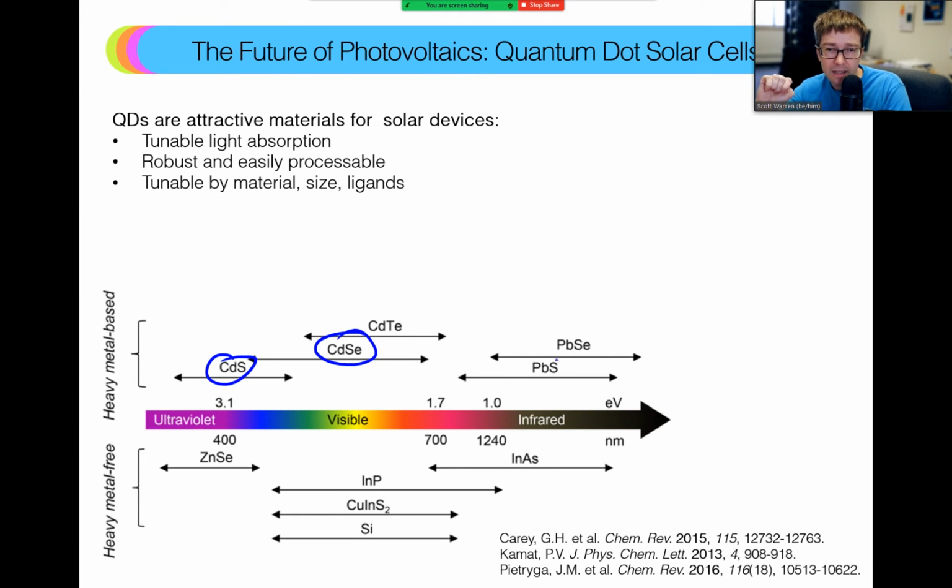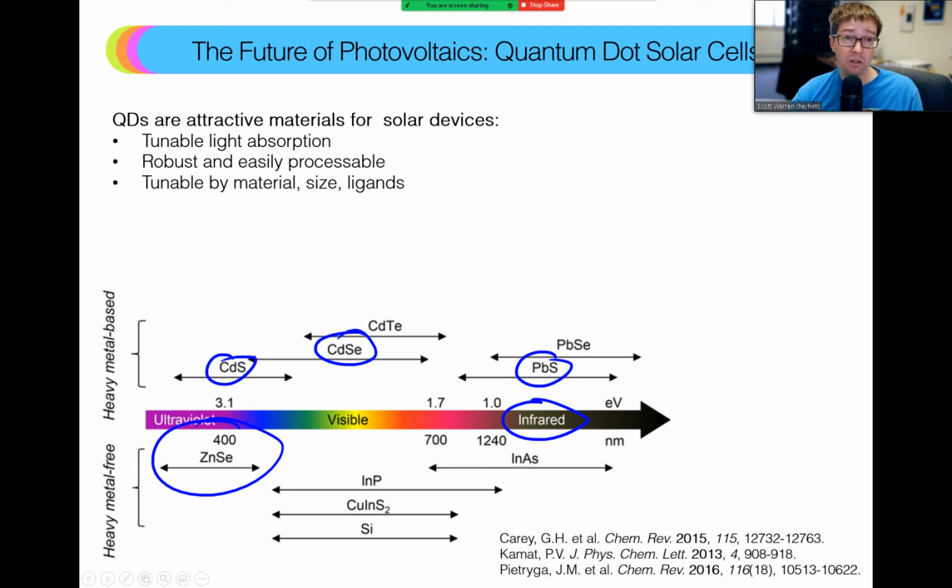We can get quantum dots that are tunable more in the IR. We can get them that are more tunable in the ultraviolet. And so there are countless really interesting possibilities for tuning the optical properties for specific applications through not just changing the chemistry, but changing the size. And that's quantum confinement.